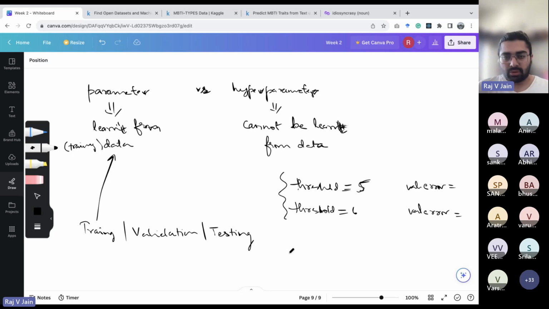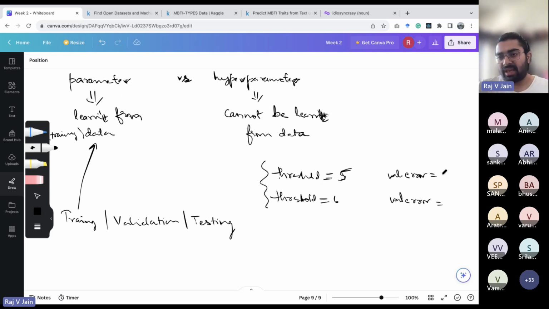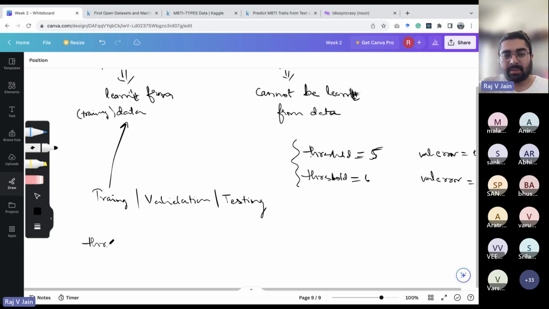So let's say threshold equal to 5 gave you an error of 0.6, and this gave, let's say, 0.2. So I will set my threshold to be equal to 6. Now that model that you had learned here will be used as the final model that you run on your test data, and whatever error you get will be your test error. Is this clear?